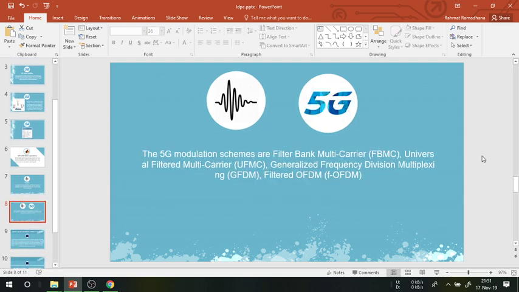And the 5G modulation schemes are filter bank multi-carrier, universal filtered multi-carrier, generalized frequency division multiplexing or GFDM, and the last is filtered OFDM or F-OFDM.